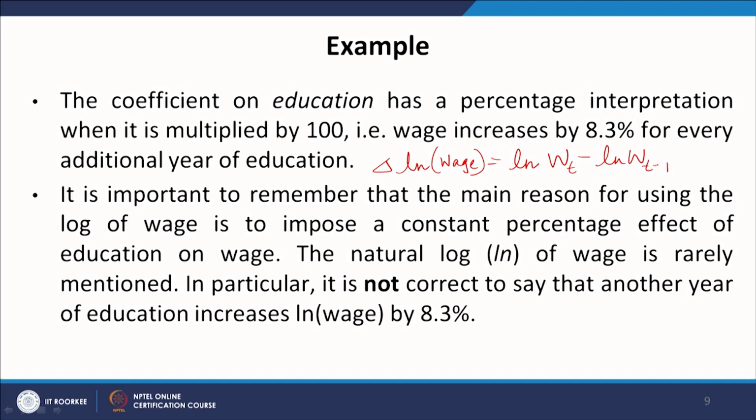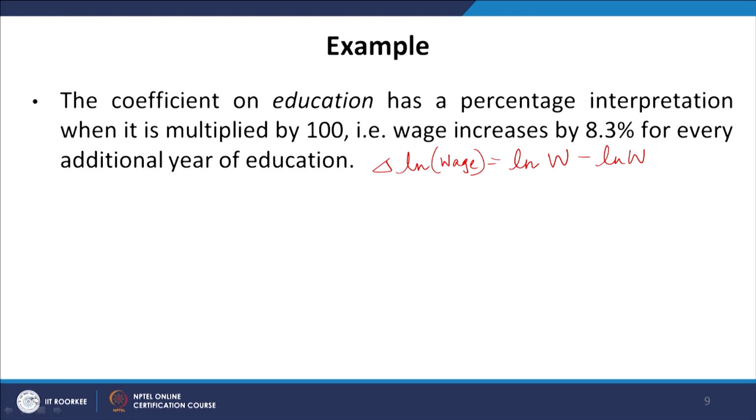Or here it is probably better to talk in terms of individuals. So, we are considering individuals having different levels of education. So, I can write it as log W_i and log W_j. So, j has a different wage rate, i has a different wage rate, their education levels are different, and accordingly I have different wages associated with them.